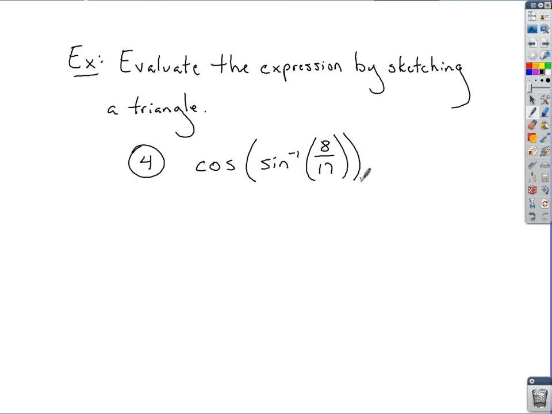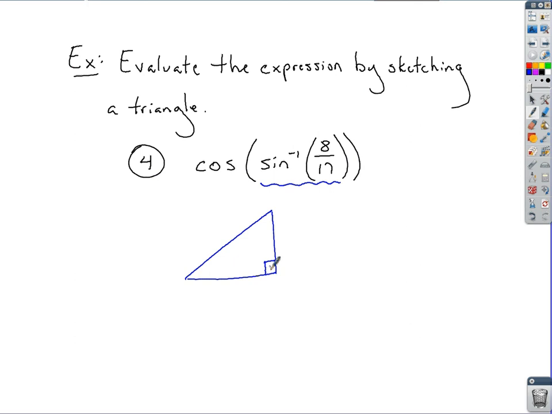So whenever we combine functions, we start with the innermost stuff here, and we work our way out. Now with this innermost stuff, since we're supposed to be able to relate to a right triangle somehow, let's sketch out our right triangle.